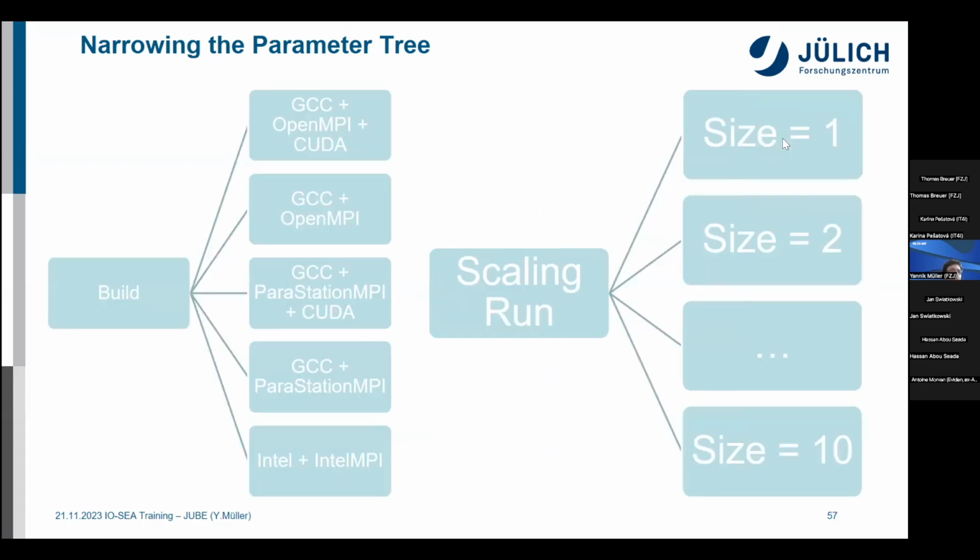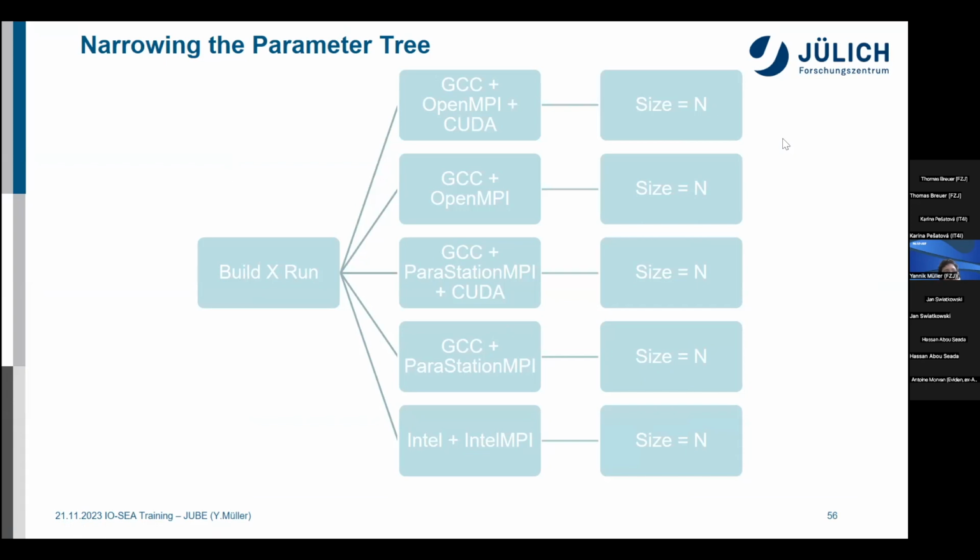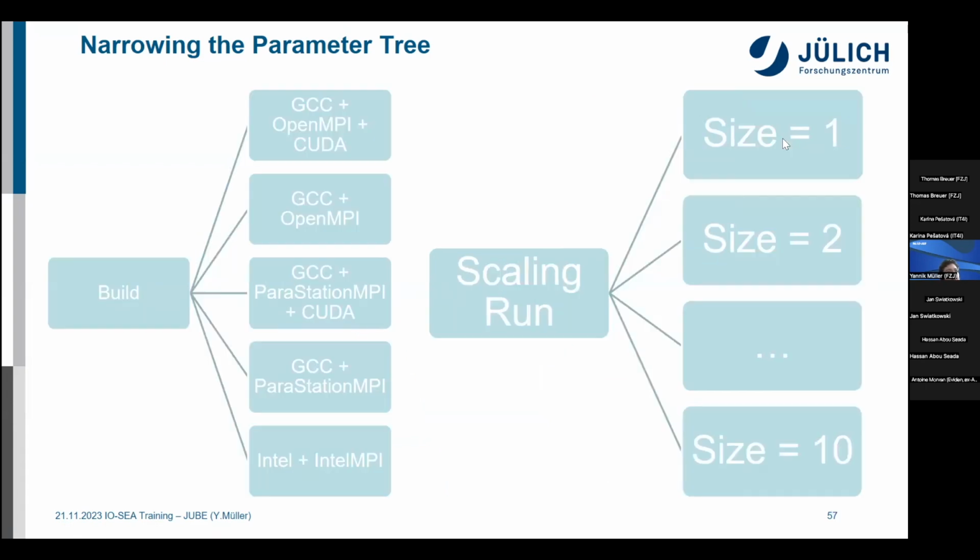But then I went ahead with another step where I didn't. In this step, let's say we build 5 versions and see if all those 5 versions run without crashing. And in the next one, I wanted to do a scaling test additionally. So I had 10 variations for the size, for example.